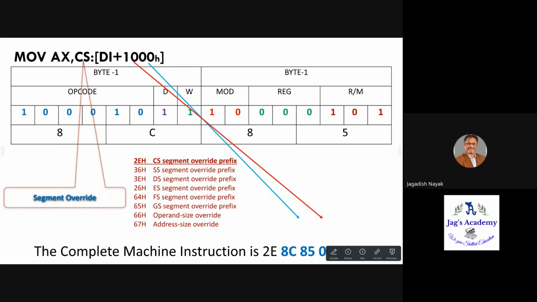Don't worry. Yeah, right, 8B, not 8C, because 1011 is going to be B. So it is going to be 8B85. Then this displacement: first comes lower byte 00, then comes higher byte 10. This is the machine instruction.